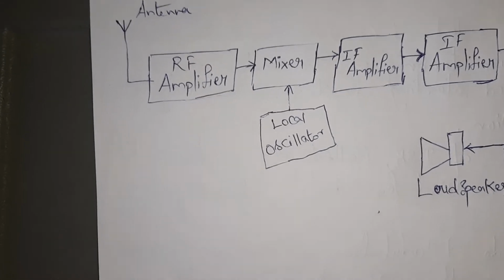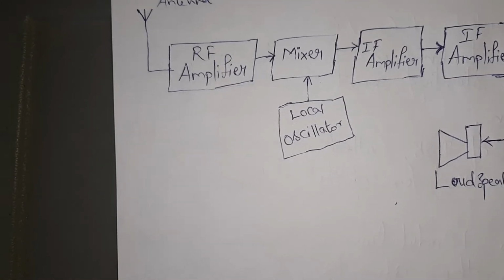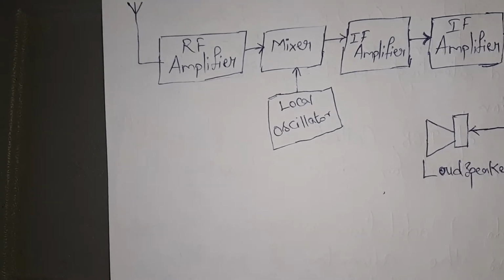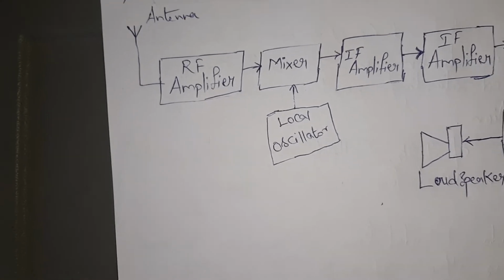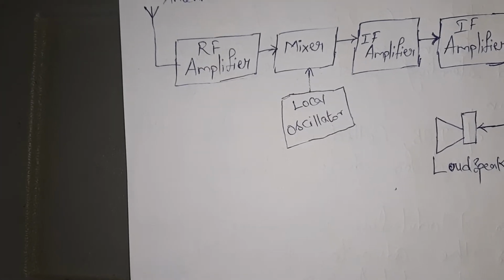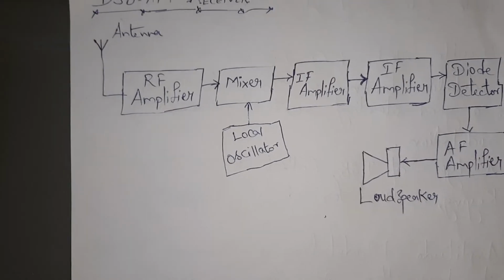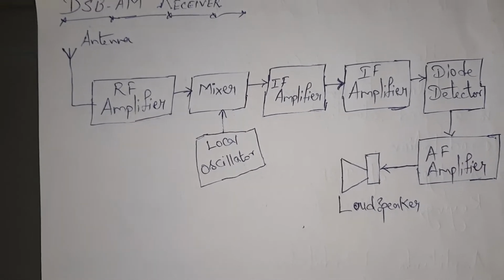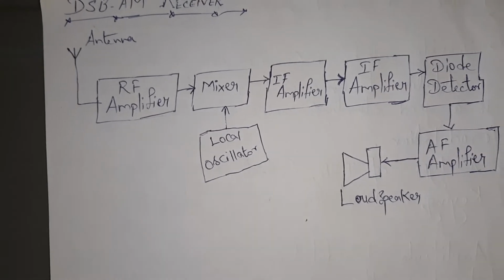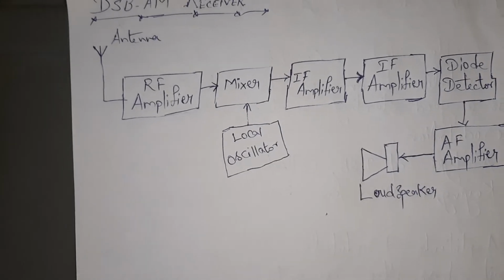The mixer in the receiver combines the signal from the RF amplifier and the frequency input from the local oscillator to produce three frequencies. What are they? First, a difference frequency, the local oscillator frequency minus the RF signal frequency. Second, a sum frequency equal to the local oscillator frequency plus the RF signal frequency. And third, a component at the local oscillator frequency.